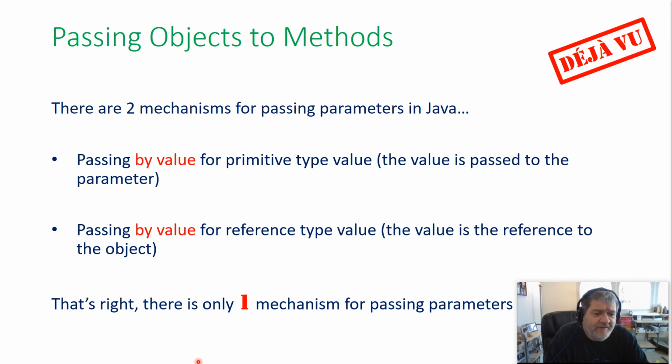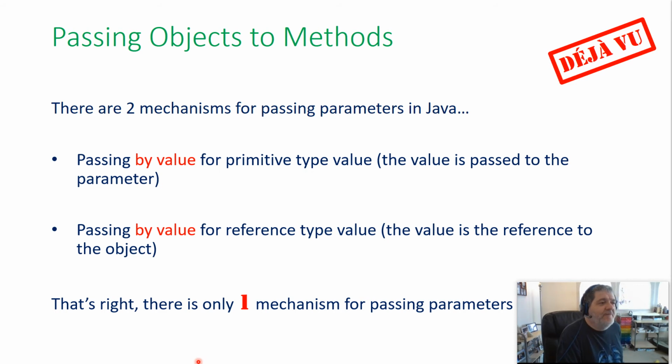Because whether it's a primitive data type or a reference data type, the value that you copy is either an int, long, short, whatever for primitives, or a reference to an object for the reference data type. It's still the same mechanism. You take your argument, you evaluate your argument, it gives you a value, you copy that value into the corresponding parameter, and there you go.